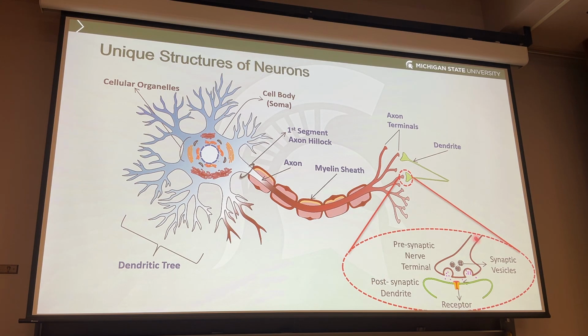So here we have the presynaptic nerve terminal, that would be this neuron here, and then the postsynaptic terminal, that would be this dendrite, and then a neuron here. These synaptic vesicles will release neurotransmitter out into the synapse, and that's where it binds to its receptor and does all the magic that we've been talking about.